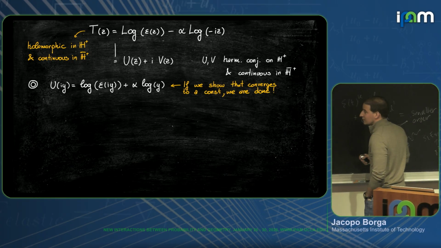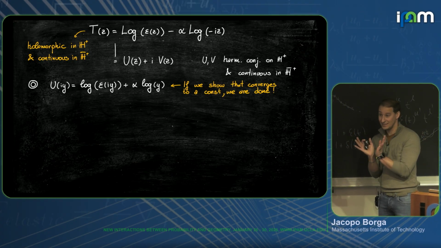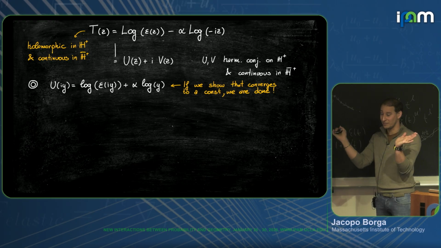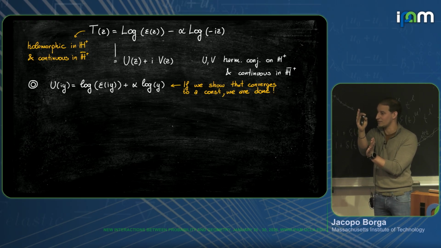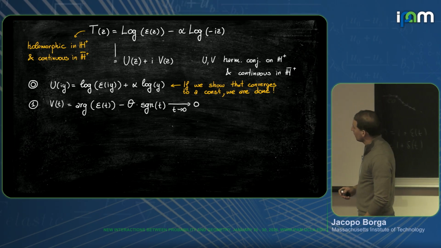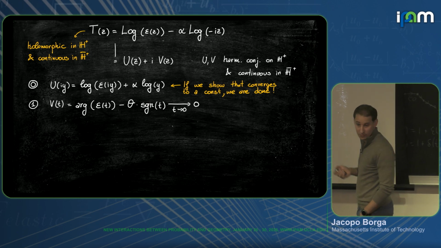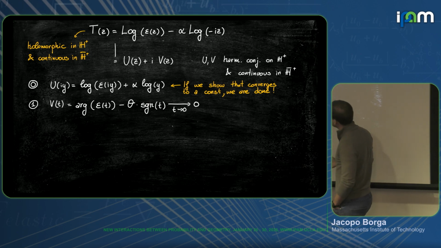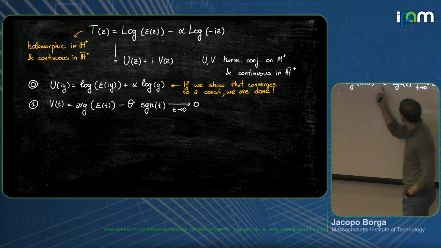How do you do it? Here, the miracle is you start to guess that if you have information about a harmonic function on the boundary, you might get information about the harmonic function on the vertical line using these Poisson integral techniques. And this is exactly what we do. So the idea is to look first at the imaginary part. The imaginary part along the boundary can be computed explicitly.